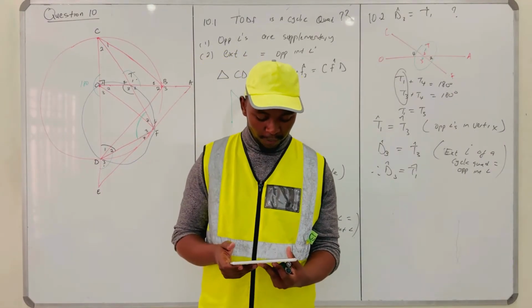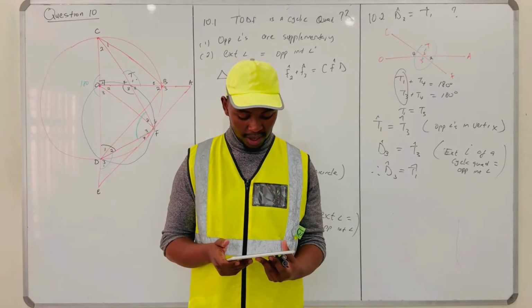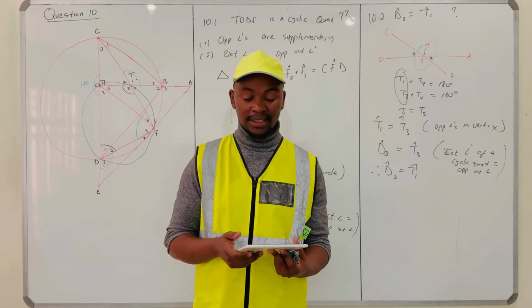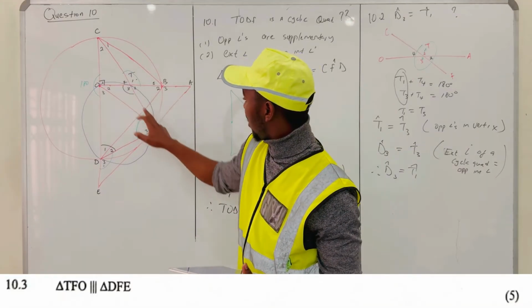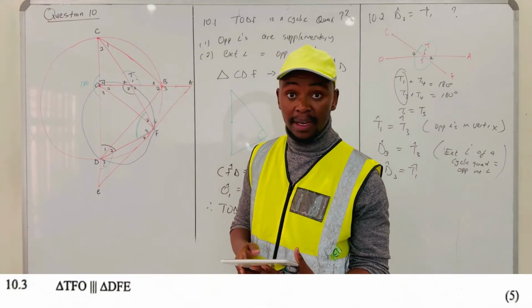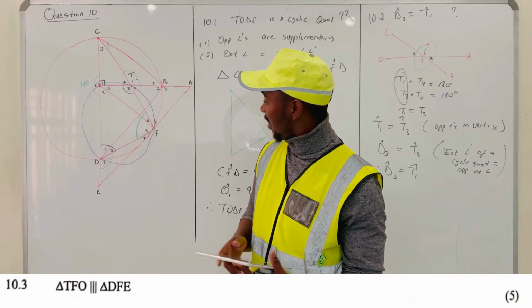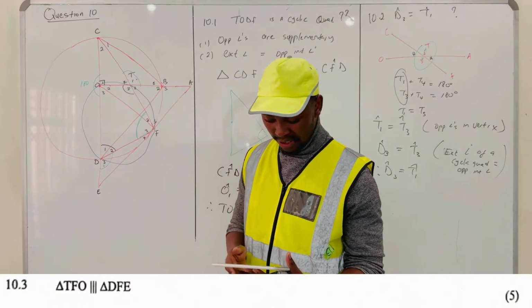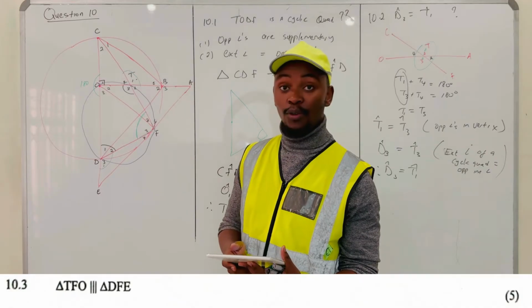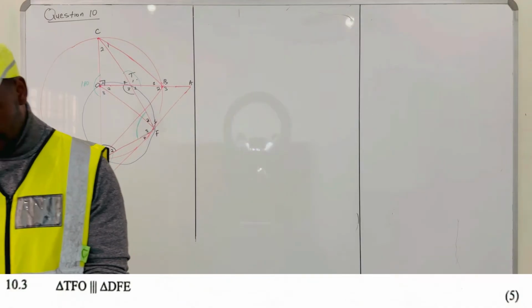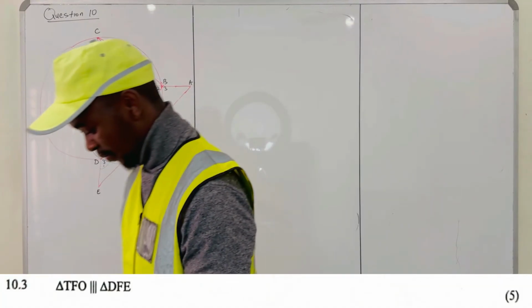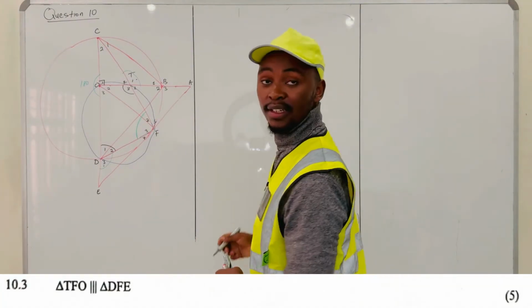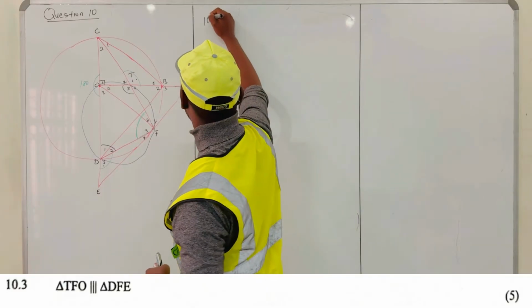Okay. So we have proven that angle D3 is equal to T1. We are now asked to prove that the triangle TFO is similar to triangle DFE. All right. Let's go for that question. So 10.3.